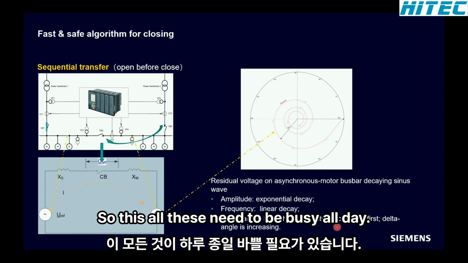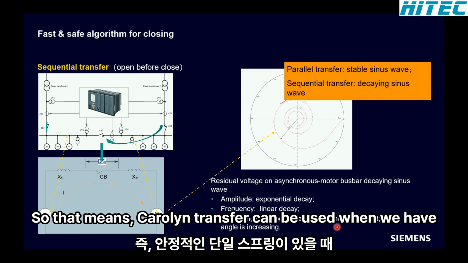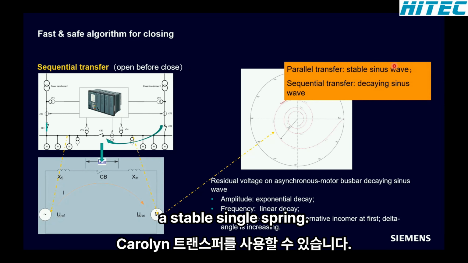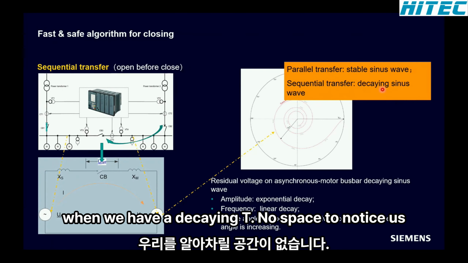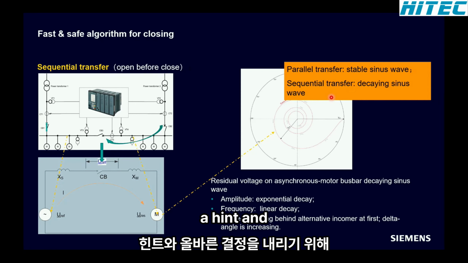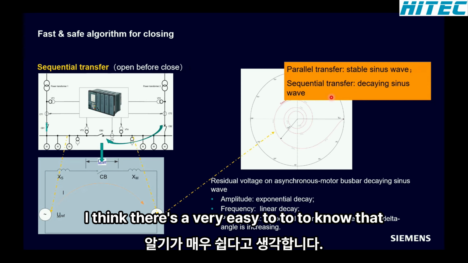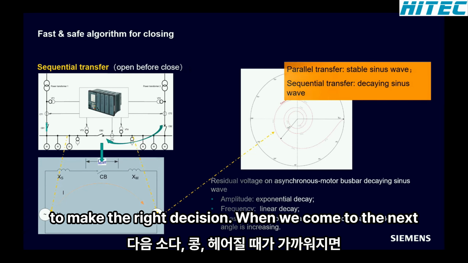So all this needs to be distinguished by the algorithm. As a note, or as a hint, the parallel transfer can be used when we have a stable sine wave, and the sequential transfer can be used when we have a decaying sine wave. This is a hint, and I think it is very easy to make the right decision.